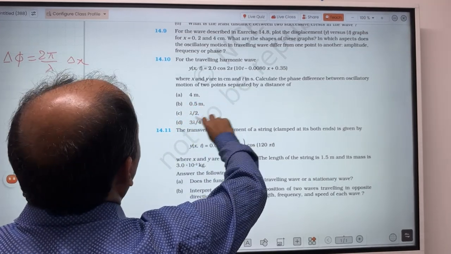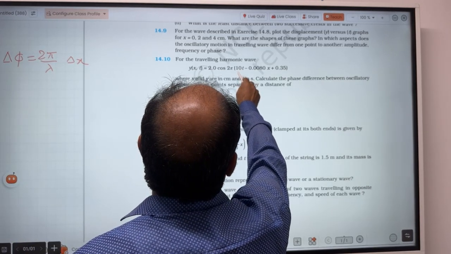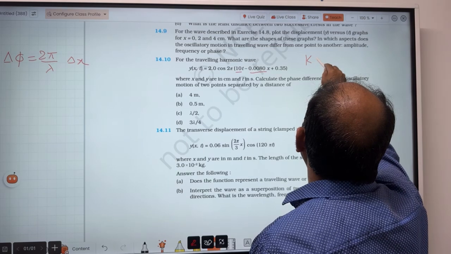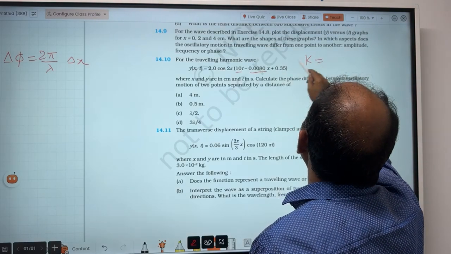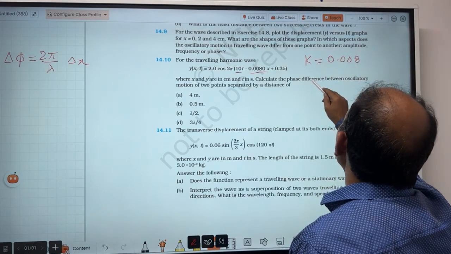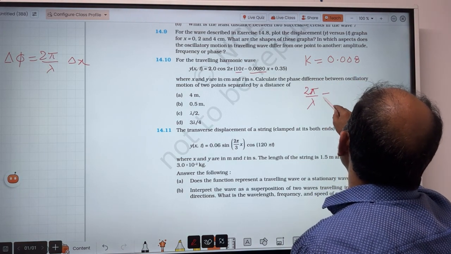This is the basic relation we are going to make use of, but before that we must have the value of lambda. So here let's see what is lambda. This is ωt, this is kx. From kx, k equal to 0.008, and k is 2π by lambda.